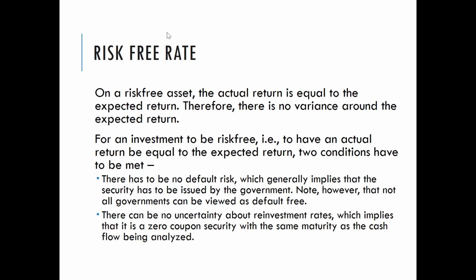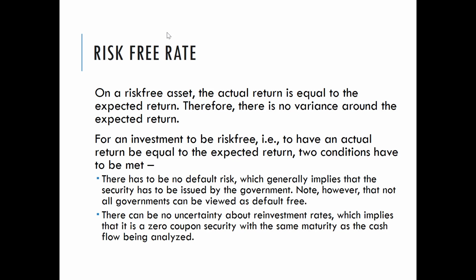The risks are technically default risks. A government bond should not have a default risk if it's a stable government. There are countries that are still developing that might actually default on their government bonds. So they technically aren't completely risk-free, but if you're in a developed nation, there's generally no default risk.